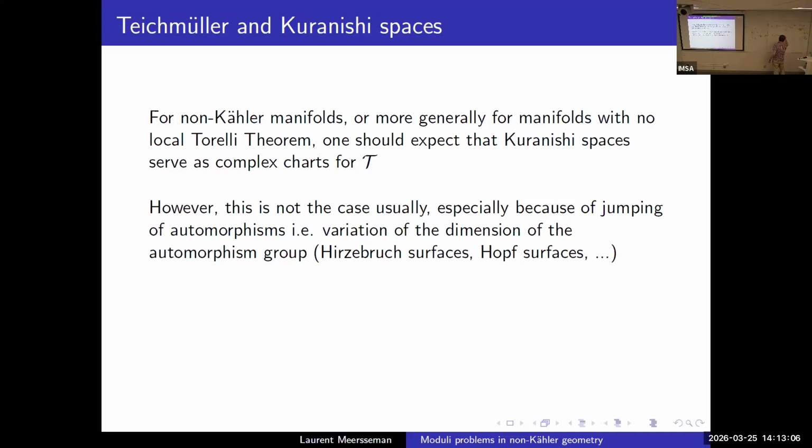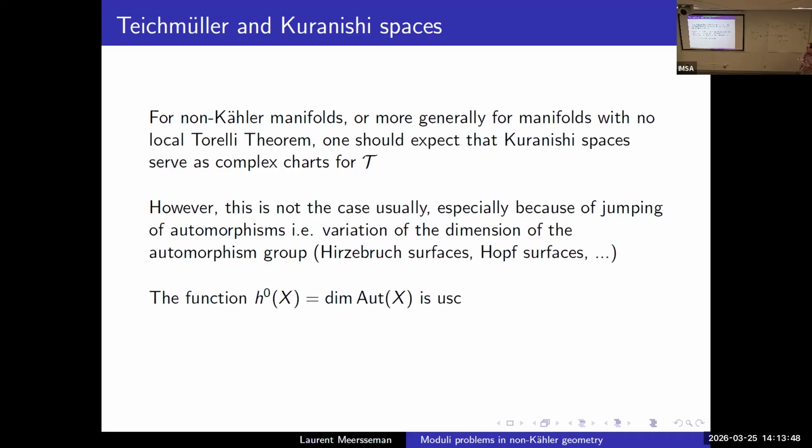So if you look at its Kuranishi space, where is the germ of a disk? And the problem is that, okay, you have a base point. The base point is F2, and all the other points are P1 cross P1. Okay. So, of course, when you look at that and you look at the corresponding Teichmüller space, well, it's not Hausdorff, it's not locally Hausdorff, so it's far from being a complex manifold.